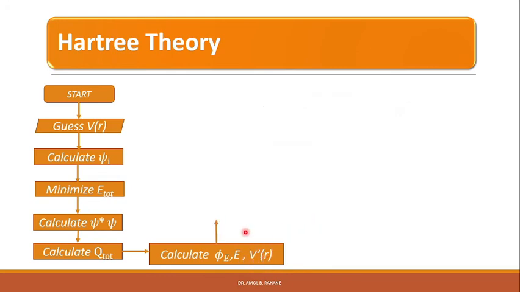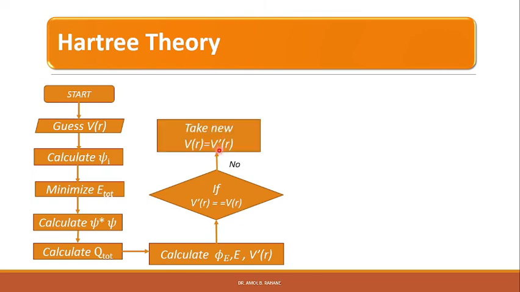In the next step, this potential is compared with the potential with which we have started. If it is not equal, then we take V'(r) as the new potential, right? And we again go to step 2. So we calculate again these wave functions, and again we repeat this loop, right?